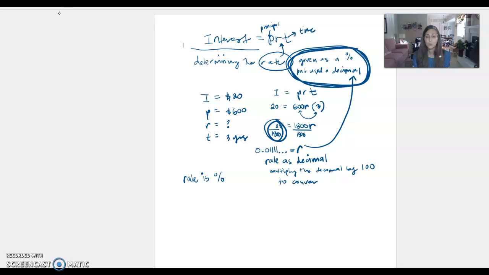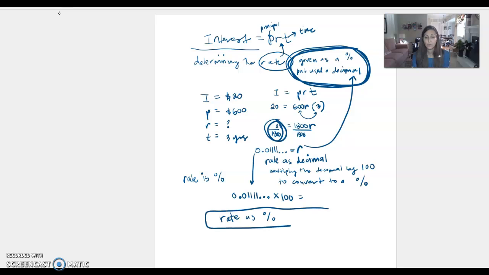Now this goes back to what we studied in the very first chapter, chapter 4. Percentages are always out of 100. So the rate is going to be a percent. I need to take this number, 0.0111 repeating, and multiply it by 100 to get the rate as a percent.